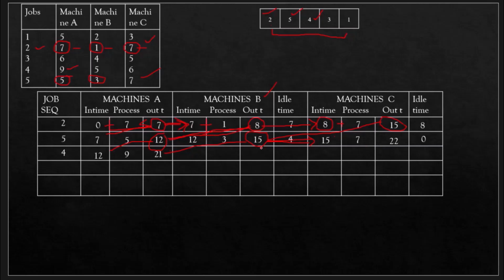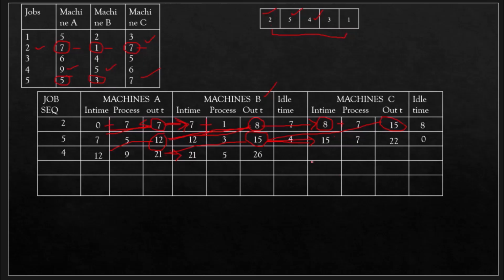Why? Because at the 15th hour itself the task was completed. So machine B was waiting for input. Once the 21st hour was completed and we got the output, we immediately gave the input at the 21st hour. The processing time for the 4th job on machine B is 5 hours. 21 plus 5 gives 26.